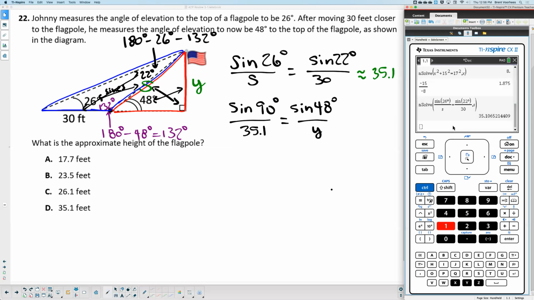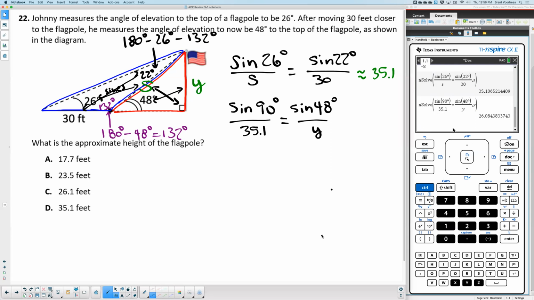You could copy and paste, but I'm just gonna keep doing this. Sine of 90 is gonna be 1, but we're just gonna pretend like I don't know that. Make sure you put the degree symbols in there. 26.1 is what I'm getting.